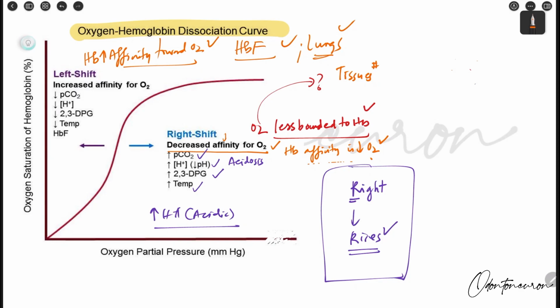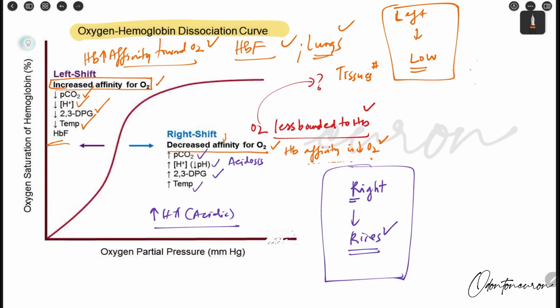When there's increased affinity for O2, there will be a left shift. Left means everything comes down. So low PCO2, low H plus, low 2,3 DPG, low temperature, and it's seen in HbF. Completely opposite. Simple to remember: left means low, right means rise.